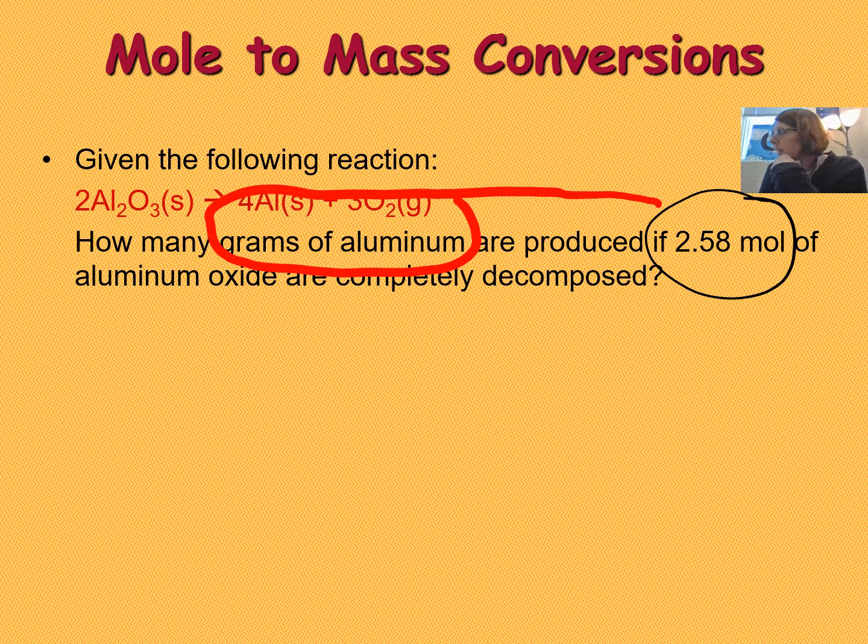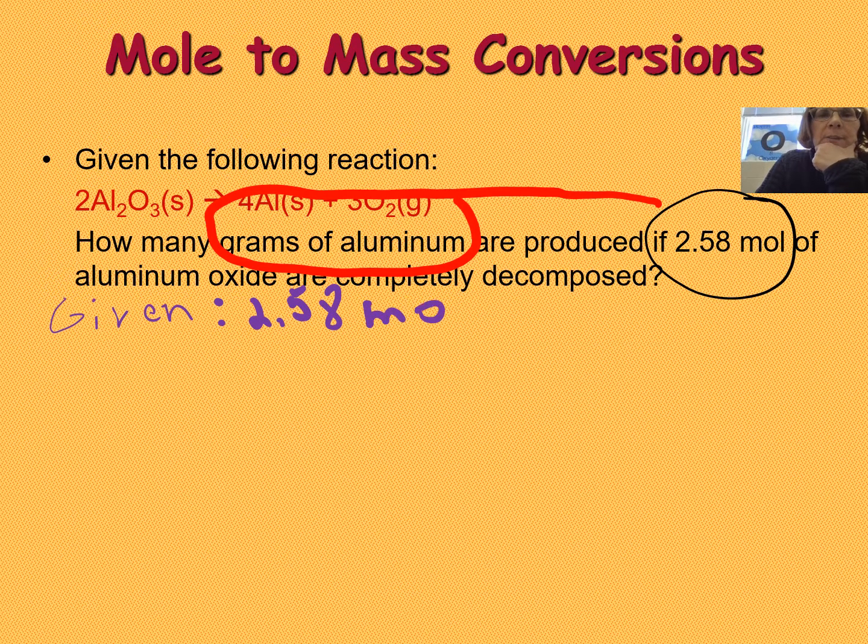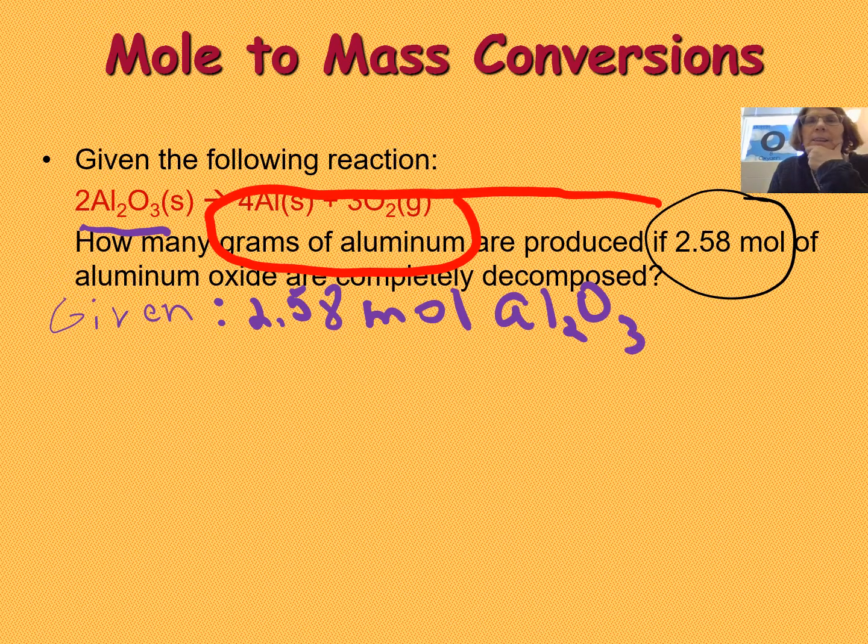All right, so our given, let's write that down. Our given is the 2.58 moles. So we can get our formula from this, so we don't have to come up with it. Al2O3, aluminum oxide.